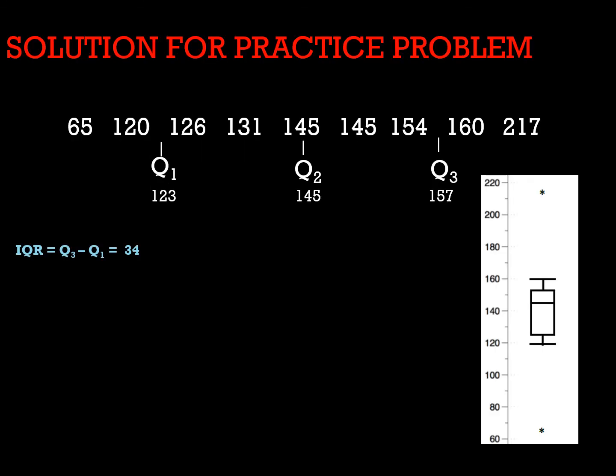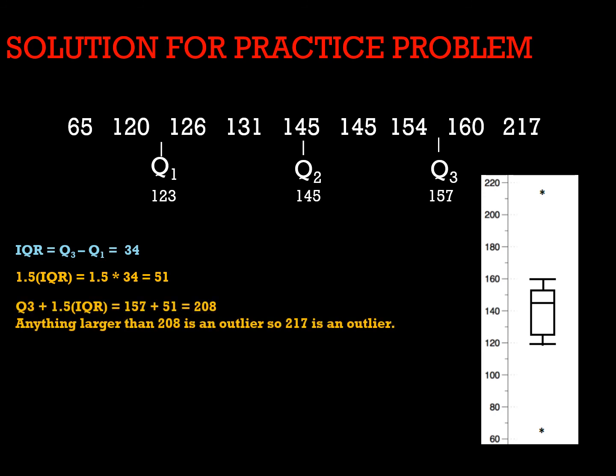Now here's the solution. We find Q1, Q2, and Q3 after we put the values in order, so don't ever forget to put them in order. We find the IQR, which is 34. Then 1.5 IQR ends up being 51. If we take Q3 plus 51, we get 208. So anything over 208 is going to be considered an outlier.